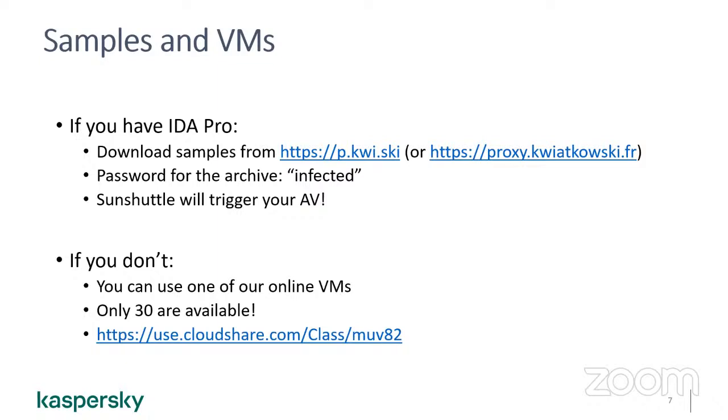And this is just a zip file containing the samples. The password is infected, as usual. And yeah, of course, it contains a sample of a Sun Shuttle. This sample is a live one, a real one. And so if you unzip it on your local machine, then it's very likely that your AV is going to complain and delete it. So be careful about that.